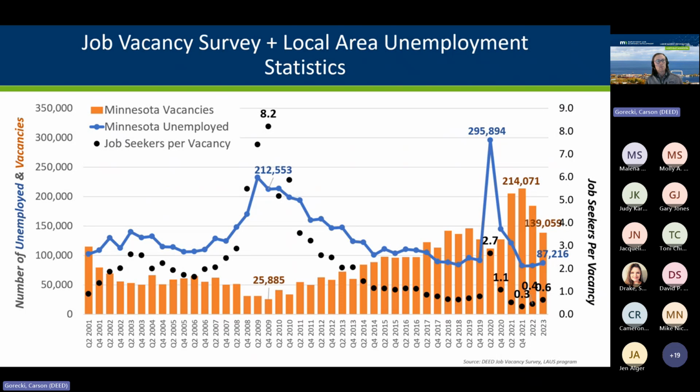That meant we had a loose labor market: a lot of people looking for work, not a lot of jobs. Ten years later, we are in the exact opposite situation. We have fewer than a single job seeker per job vacancy. A ratio below 1 is evidence that we have a tight labor market, and the pandemic, after a brief blip up, has exacerbated that. We're starting to see a little bit of loosening of the labor market, but for the most part, we're still tighter than we were pre-pandemic.